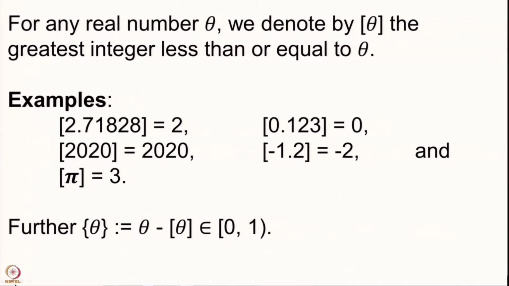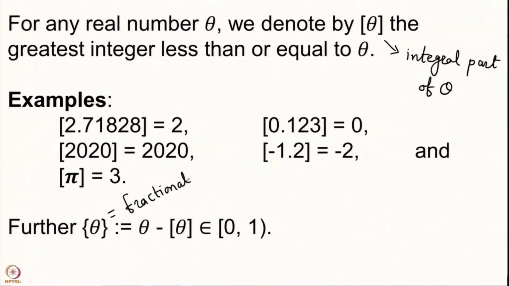While talking, we will call this square bracket theta the integral part of theta. And this curly bracket theta will be called the fractional part of theta. So, for every real number, we have these two things. We have the integral part of theta, which is an integer.